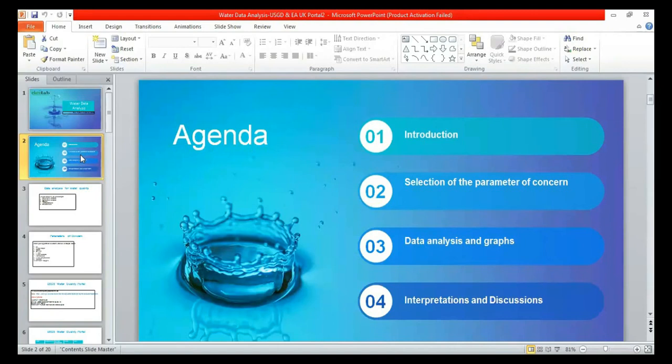Okay, good evening, everyone. This is, I think, the last training on the data analysis on water quality. We are going to start with some introduction, and then we discuss selected parameters of concern, and then we have data analysis and graphs, and then interpretations and discussions.